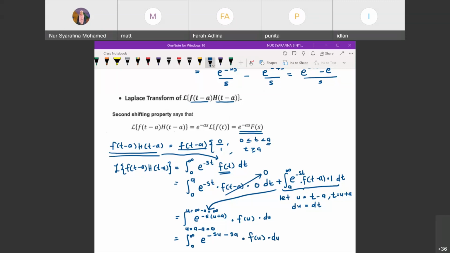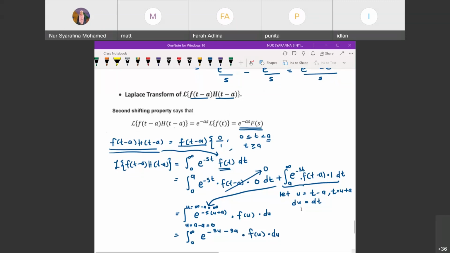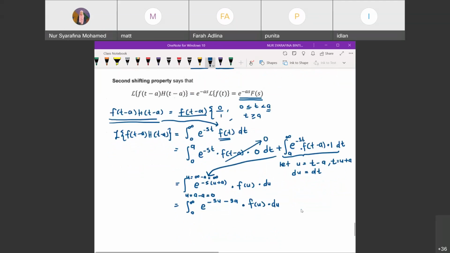So this is with respect to u, then we can put this exponent. Okay, before that, this one we can simplify. So this is a constant because there is no u, then we just can put it outside.